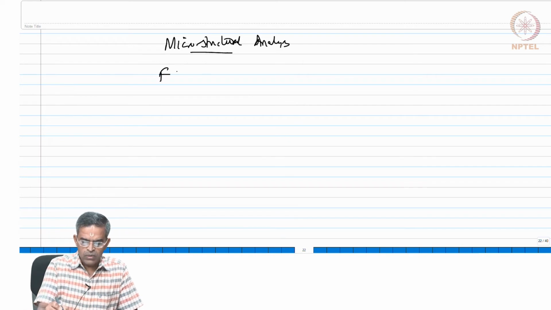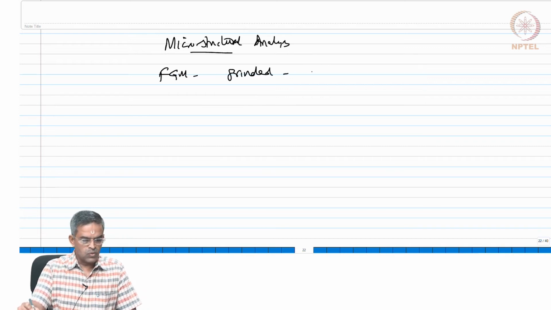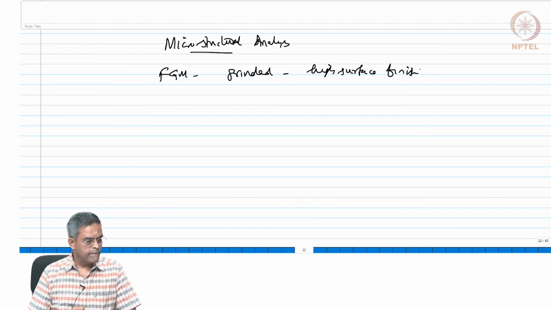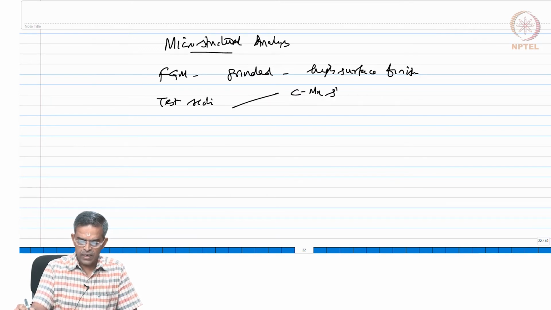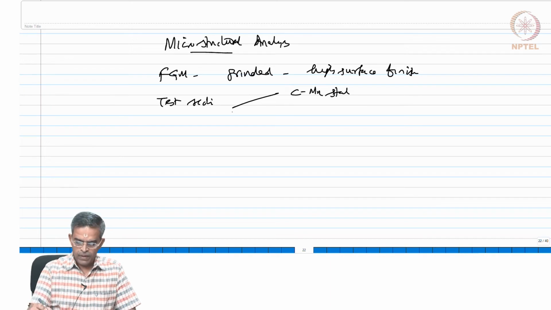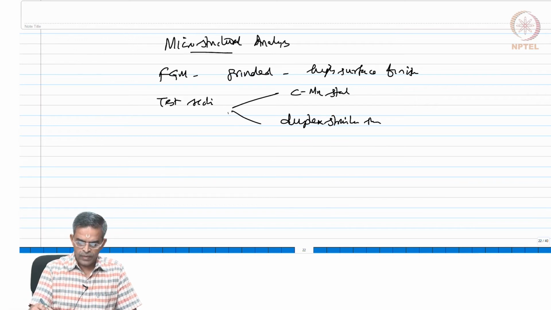The FGM mold is ground to a high surface finish, the test section what we now consider consists of carbon manganese steel, duplex stainless steel, and interface.